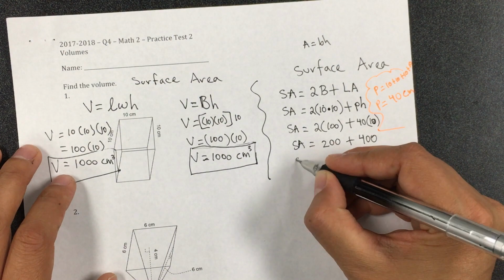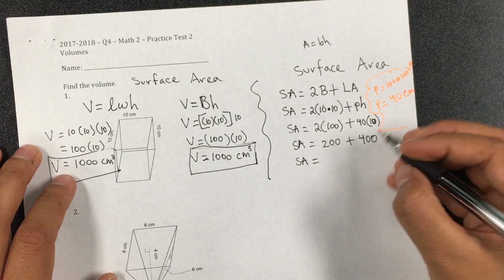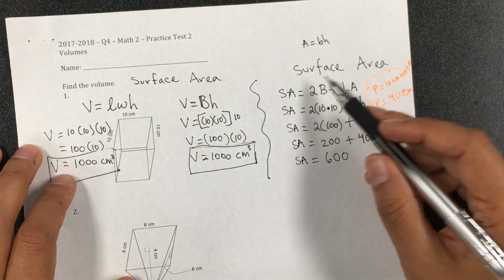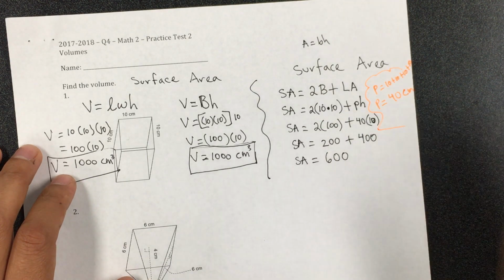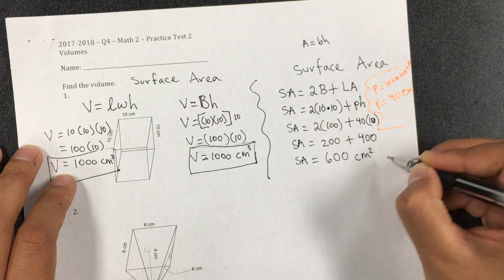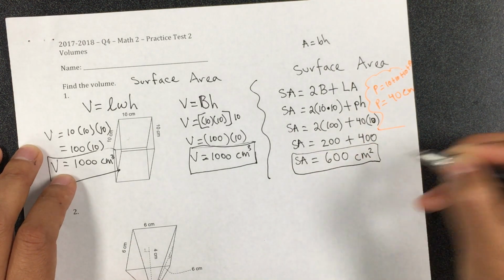Okay, and so 200 plus 400 is 600. Area, it doesn't matter if it's surface area or just area of a polygon, is going to be squared, so it's going to be square centimeters.